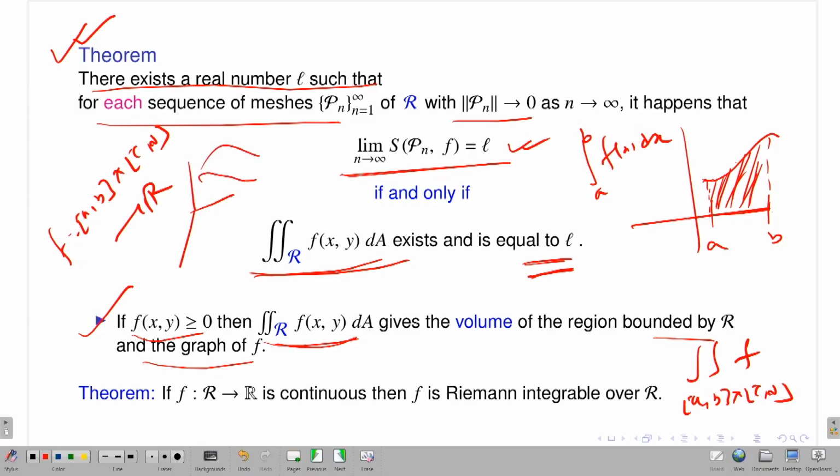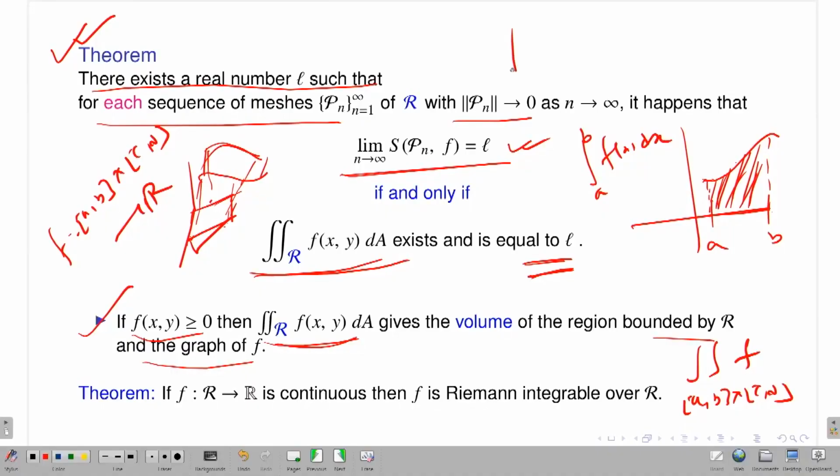It will give you some kind of surface. I am very bad at pictures, but you will have a surface, and in the xy plane you have a bounded square region. So, you have a square region and you have a surface, and this is nothing but the volume.